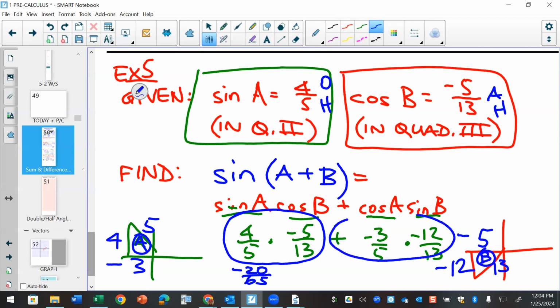Plus 36/65. And finally, how many 65ths do you have? If you got 36 of them minus 20 of them. And there you have it, 16/65. QED. No, we don't write that this time, but that'll do it.